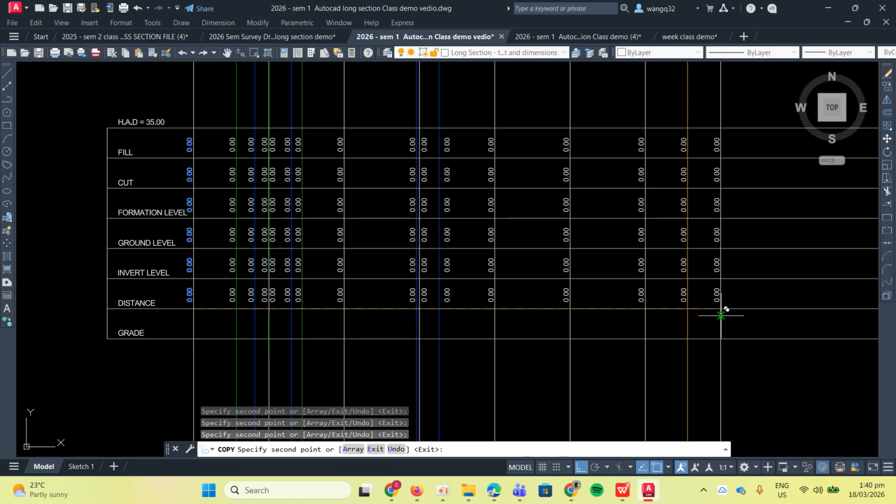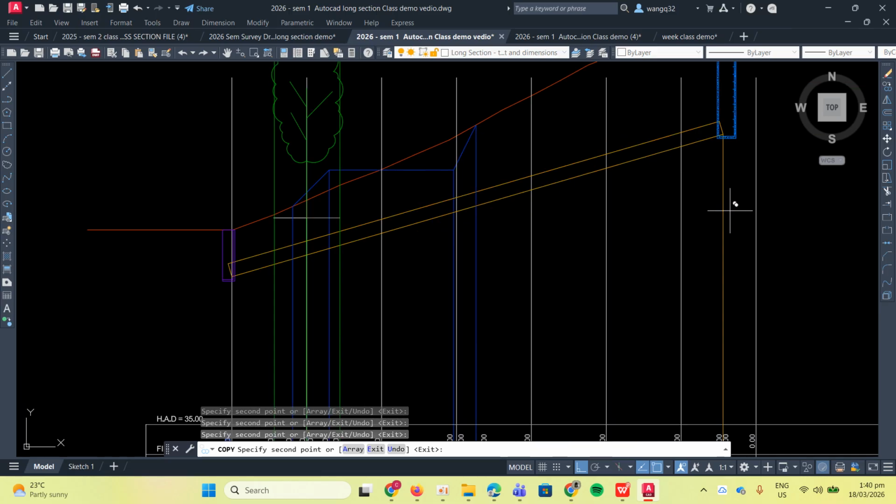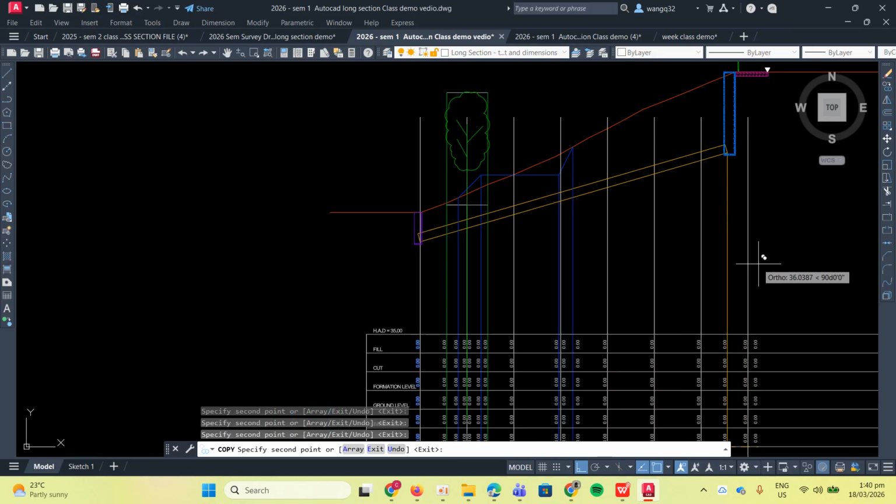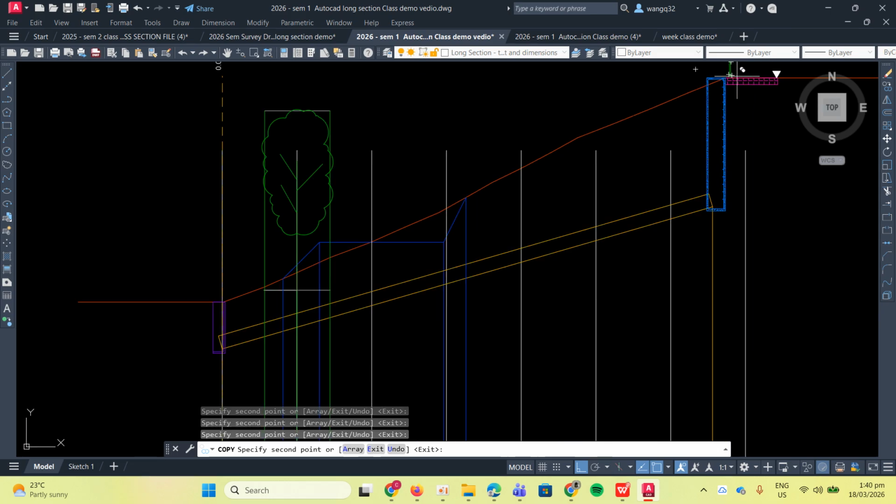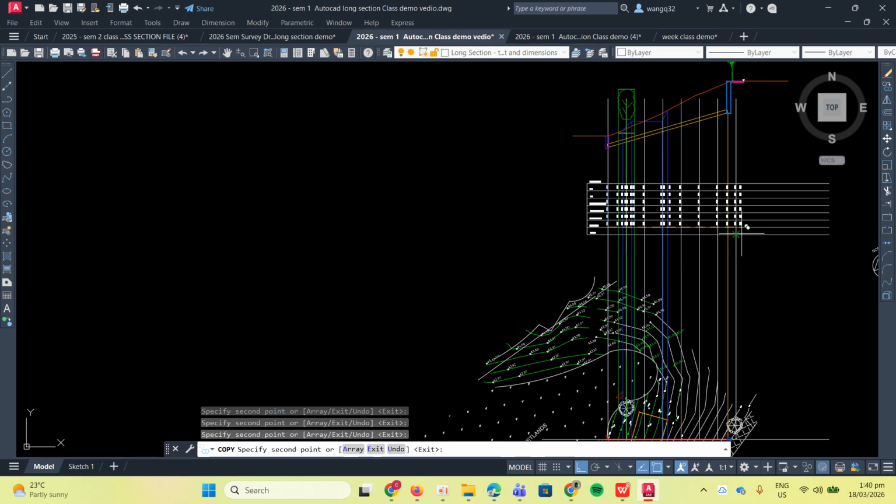For the last 5-meter, you can have it or not have it. It's both okay. It doesn't matter. Or maybe you can do a line at the edge of your manhole. It doesn't matter. Or maybe the center of this tree. You need it as well.